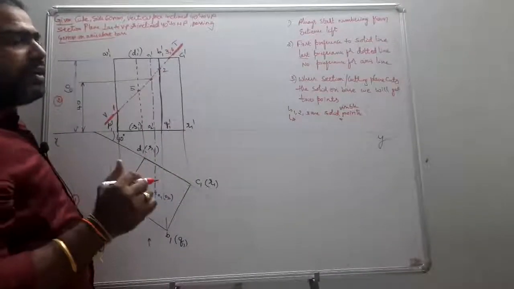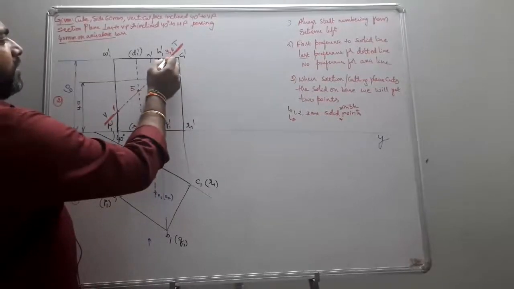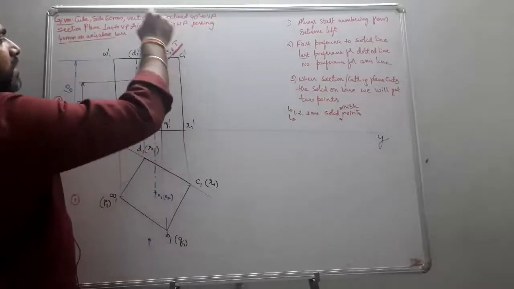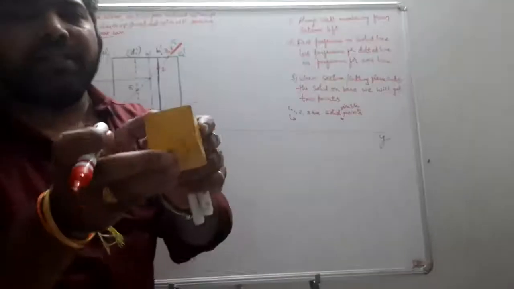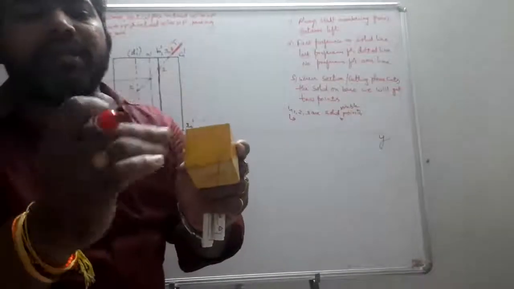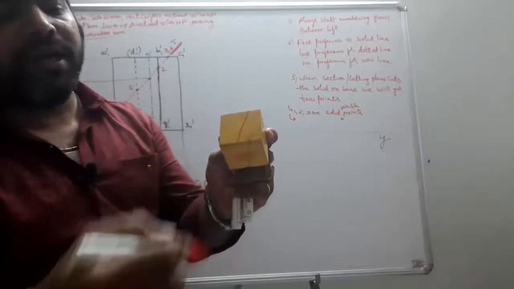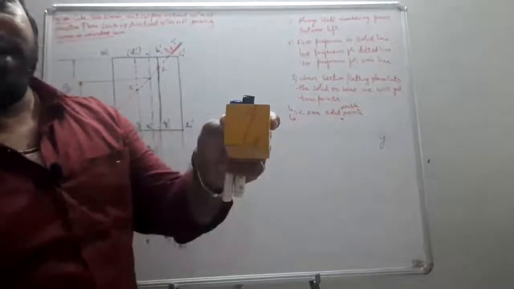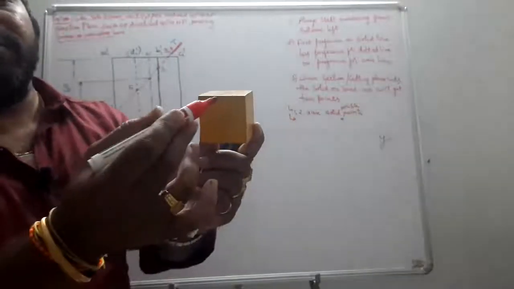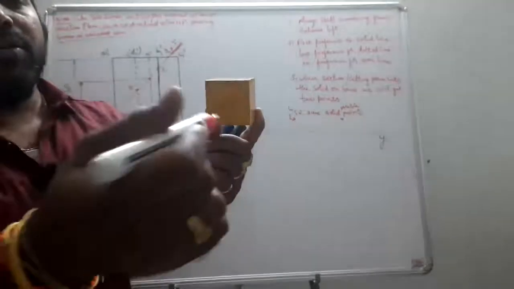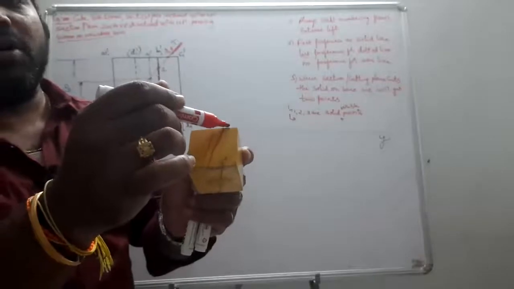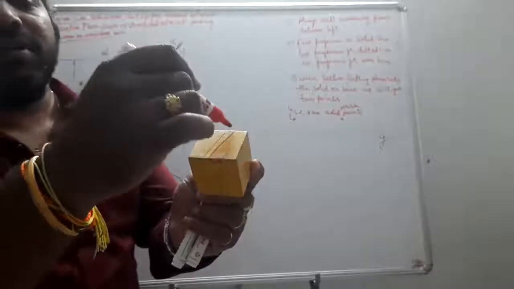Next, where is the 4th point obtained? It is cut here, and at the same time it cuts the CD edge also. If you have your solid like this, A, B, C, D, and your cutting plane cuts in this pattern, when you see from the front, this point is noted as 3. But while seeing from the front, this other point is not seen. This is your point 4.